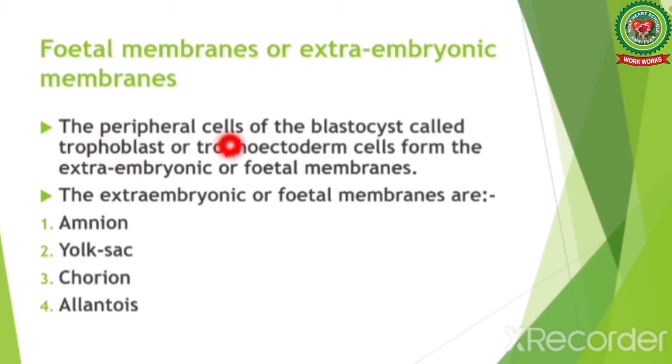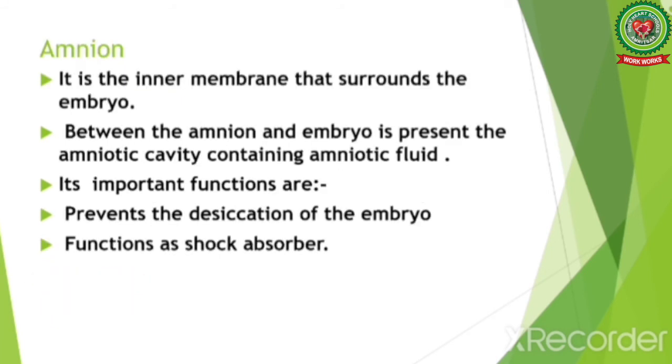The peripheral cells of the blastocyst called trophoblast or trophoectoderm cells form the extraembryonic or fetal membranes. The extraembryonic or fetal membranes are amnion, yolk sac, chorion, allantois. Discussing amnion.